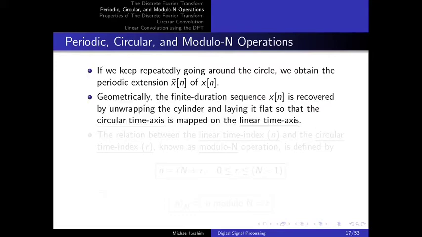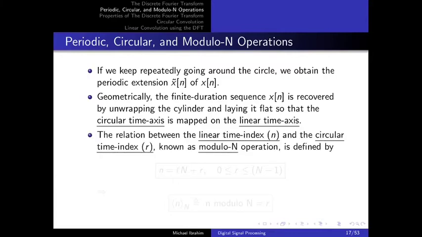Geometrically, the finite duration sequence x of n is recovered by unwarping the cylinder and laying it flat on a circular time axis. That's basically having the circle you have unwrapped to be a linear scale axis.